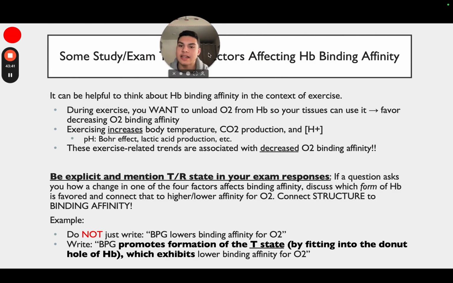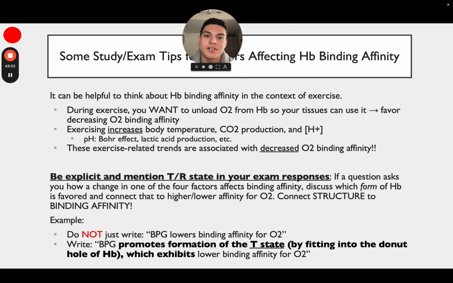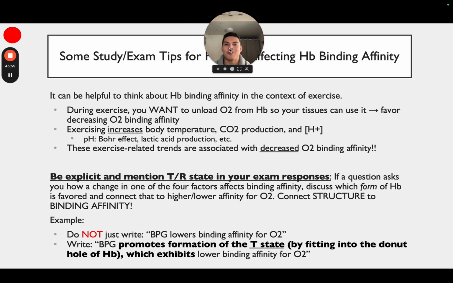And then some study and exam tips for factors affecting hemoglobin binding affinity. It can be helpful to think about hemoglobin binding affinity in the context of exercise. During exercise, you want to unload oxygen from hemoglobin to your tissues. So think of all these factors as ways to decrease O2 binding affinity, to unload oxygen from hemoglobin to your skeletal muscle tissues.